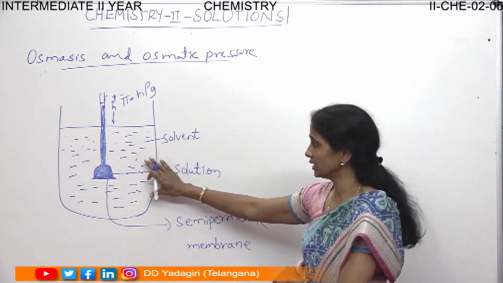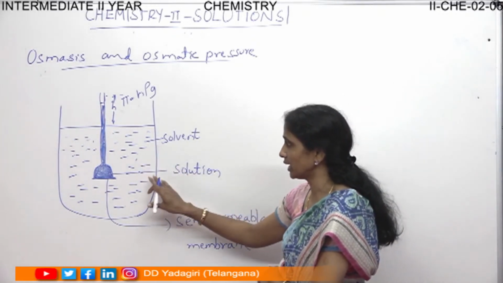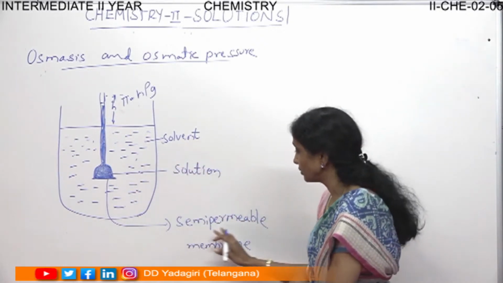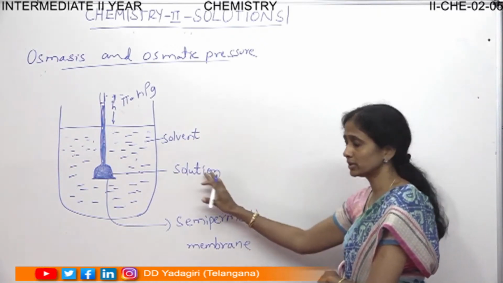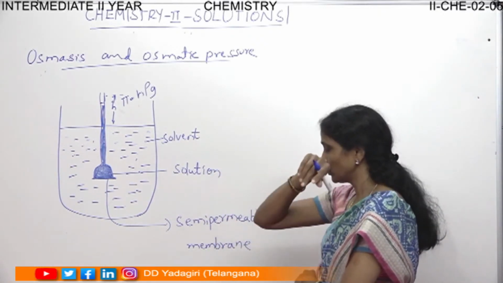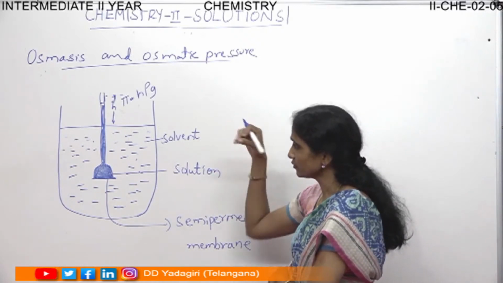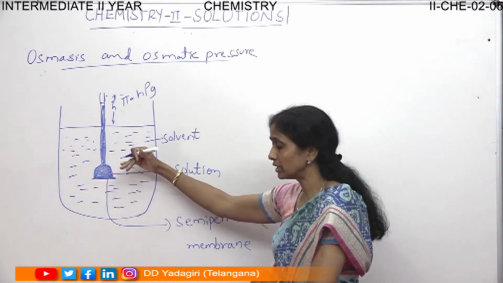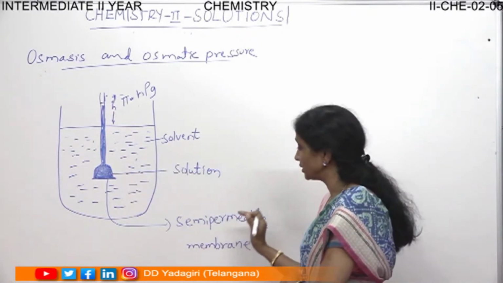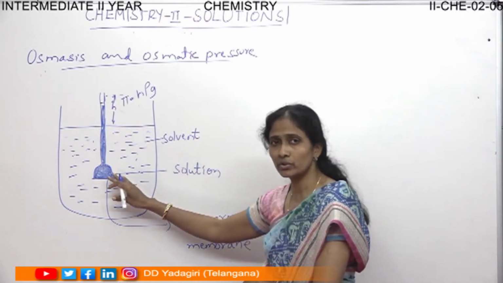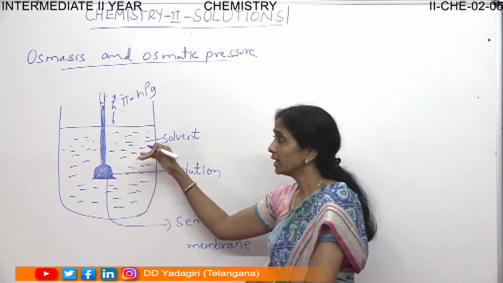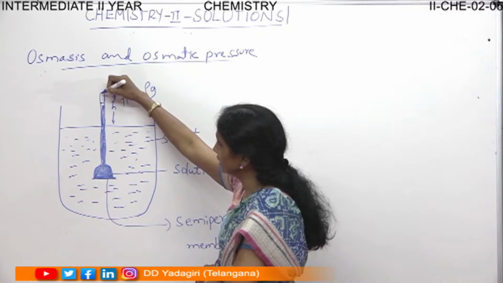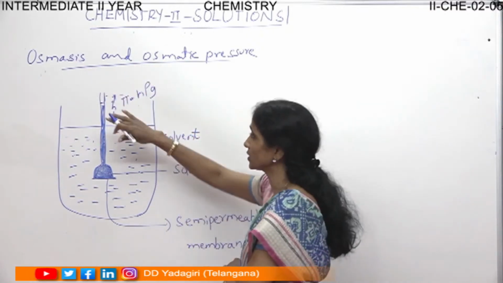Here we can see that solvent is present and of course the solution is also present, but these both are separated by a semi-permeable membrane. And what will happen? Slowly the solvent molecules will enter through the semi-permeable membrane into the solution, and the level of the solution will increase.